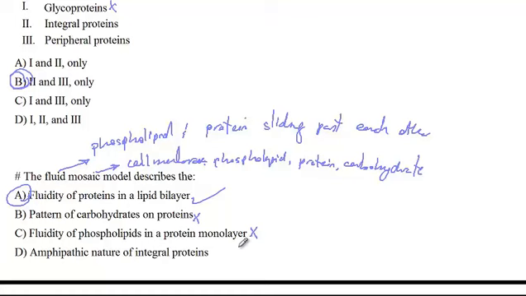It doesn't even make sense what it's talking about here. And then lastly, amphipathic nature of integral proteins. That also doesn't explain the fluid mosaic model. The fluid mosaic model is only focusing on the composition, which is a variety of components that gives it its mosaic structure, and that there is protein and phospholipids that can easily slide past each other. So therefore choice A would be the correct answer.